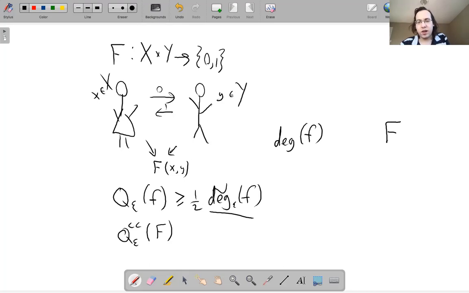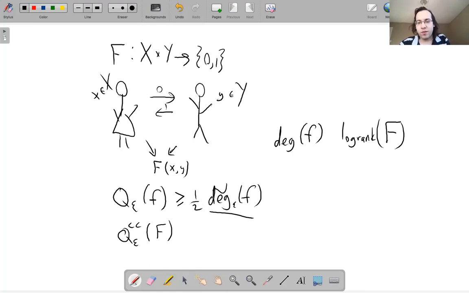It turns out that the measure logrank, the log of the rank of f, is a good proxy, and it serves as a good analog of the exact degree of a query complexity function.